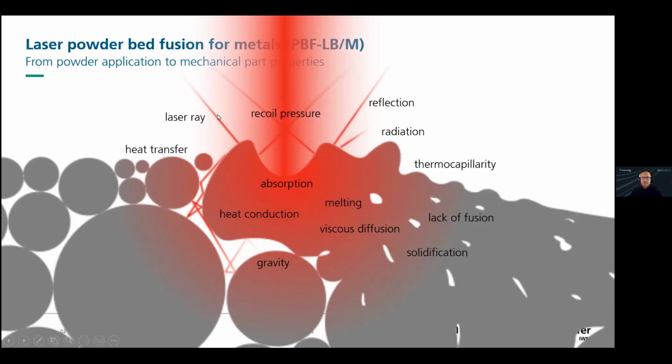These rays are going to be reflected, deep into the powder bed. We do have absorption. We do have phenomena such as heat conduction, heat transfer. The powder is going to melt. The powder is going to solidify. We have lack of fusion. You see there are many keywords on this slide, so there is a lot of physics involved here.